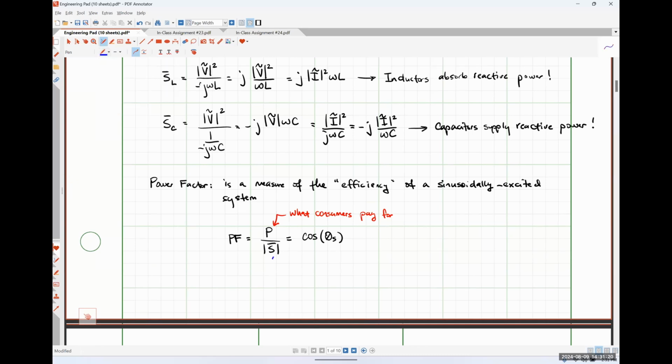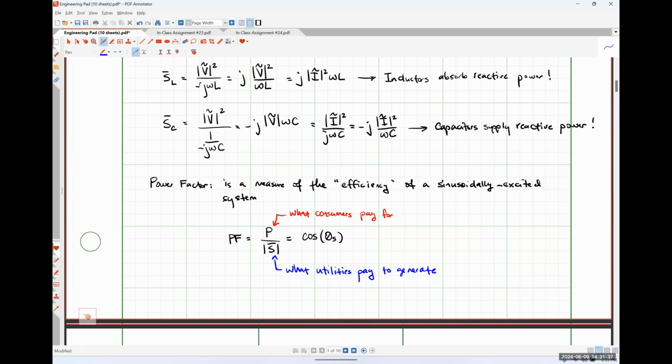Apparent power is what the utility pays to generate.